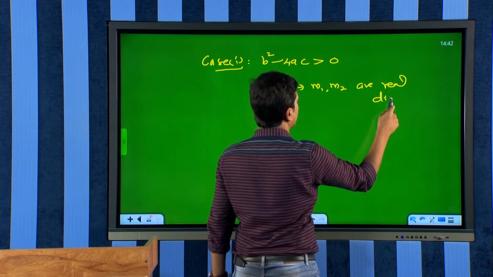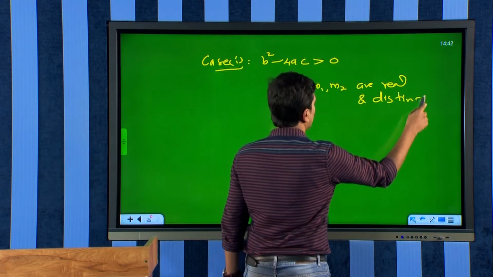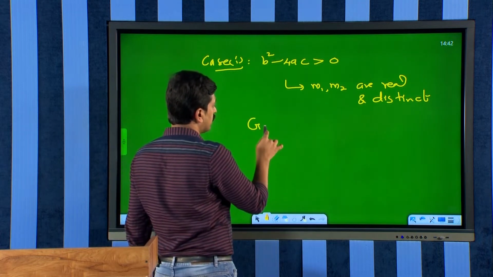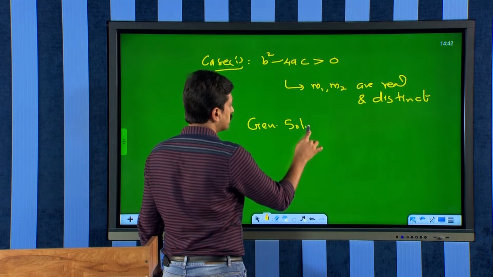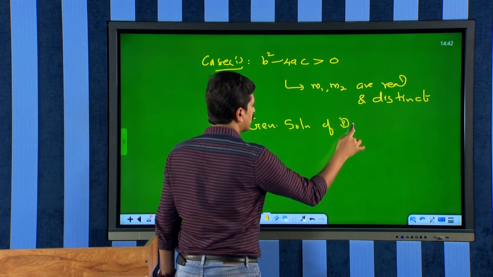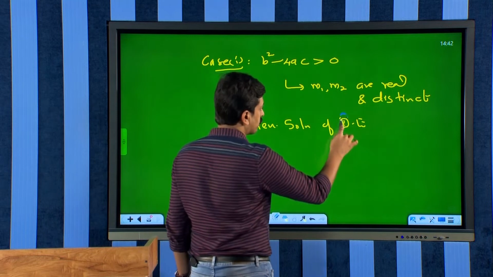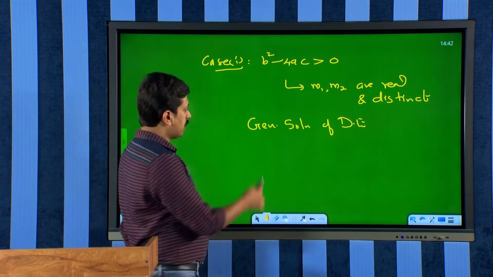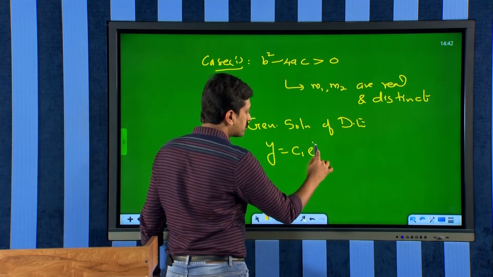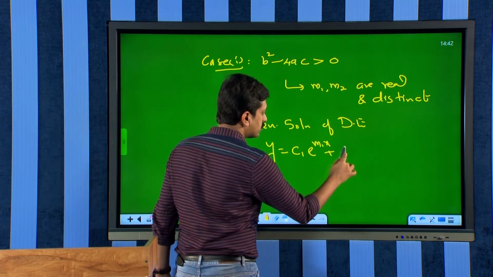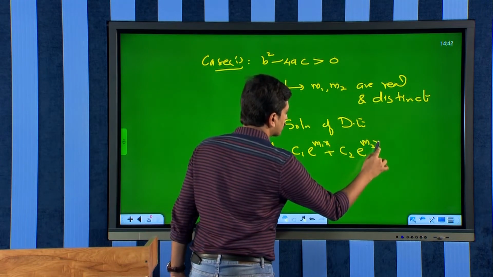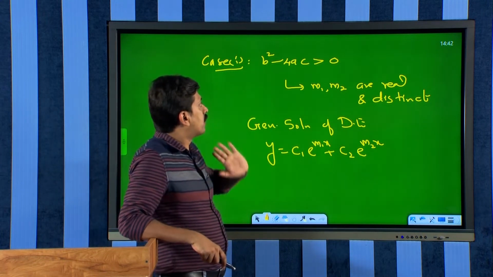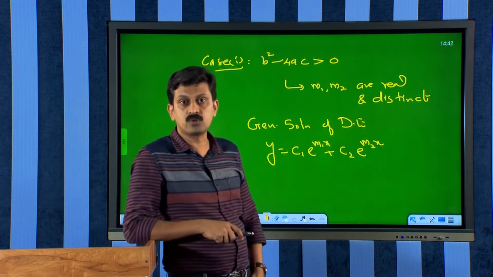We already discussed that the general solution of the differential equation is y is equal to c1 e raised to m1x plus c2 e raised to m2x. That is the general solution in the case b square minus 4ac greater than 0.